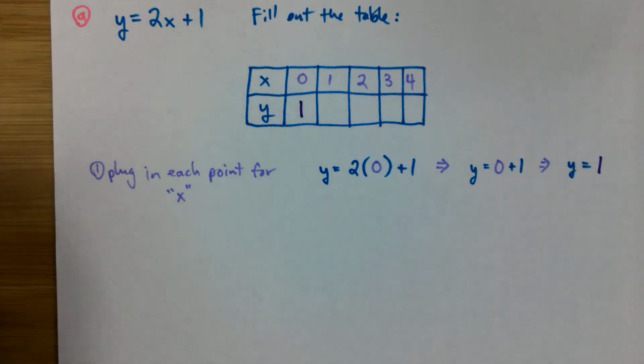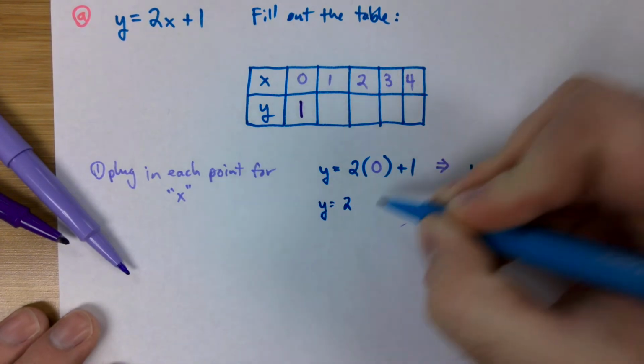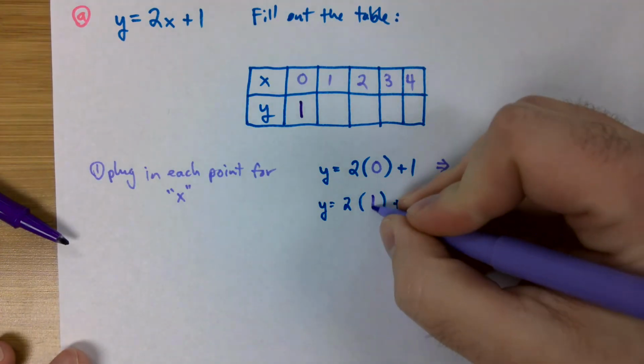Now let's figure out what our y value is going to be when our x is 1. We're going to take y equals 2x plus 1 again. But now for x, we're going to plug in 1.